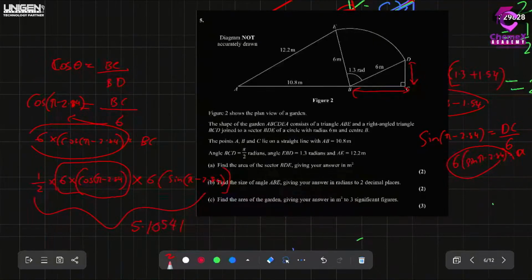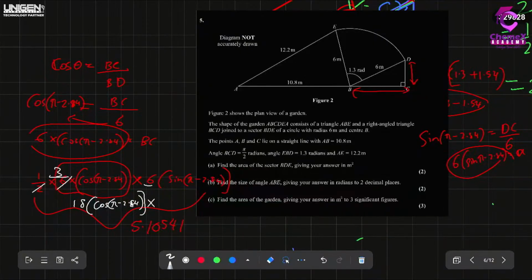Samita, did you type? Let me make this even easier. This 6 and this cancel and it becomes 3. So 3 and 6 together make 18. 18 bracket cos pi minus 2.84. Get that answer and multiply again.